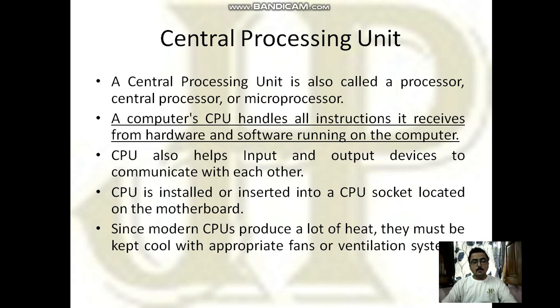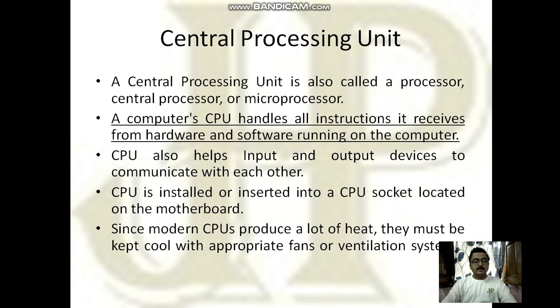A computer CPU handles all instructions it receives from hardware and software running on the computer. For example, I want to work on MS Office and write something. So, with the help of MS Office software, we give some instructions, and those instructions are given to the CPU, which handles them accordingly.